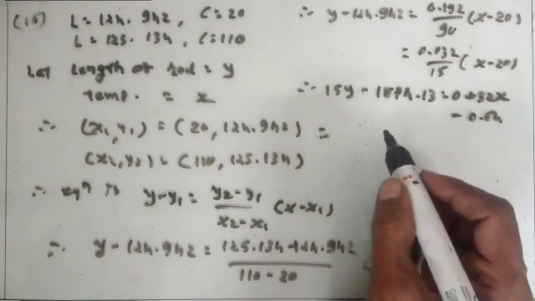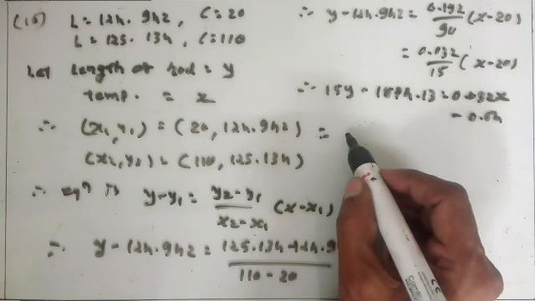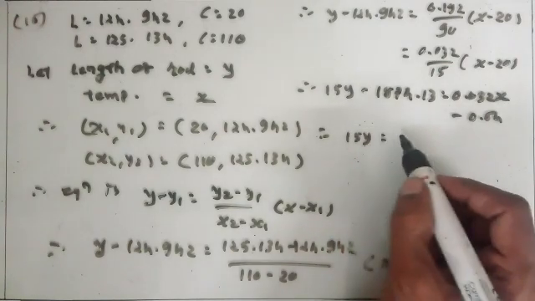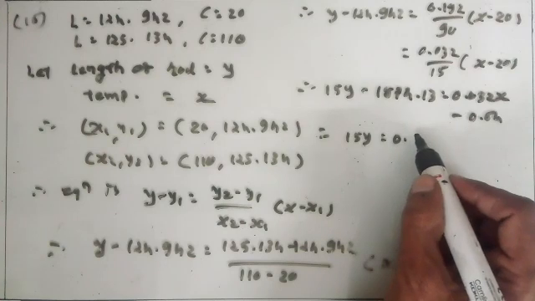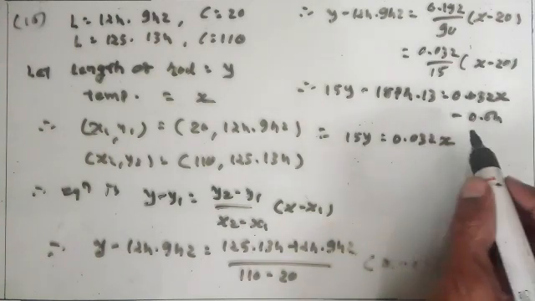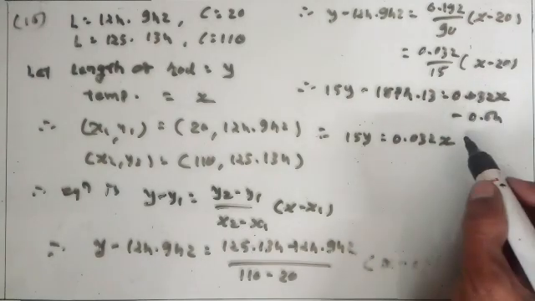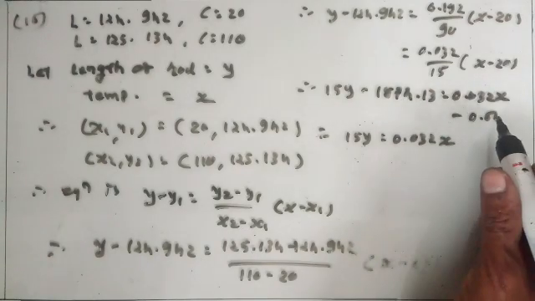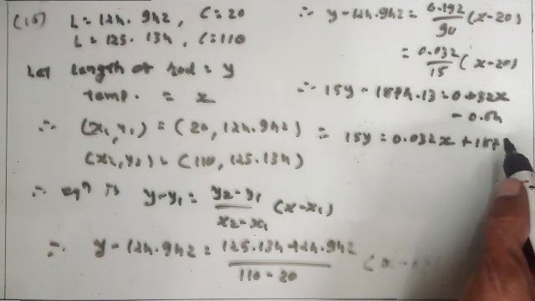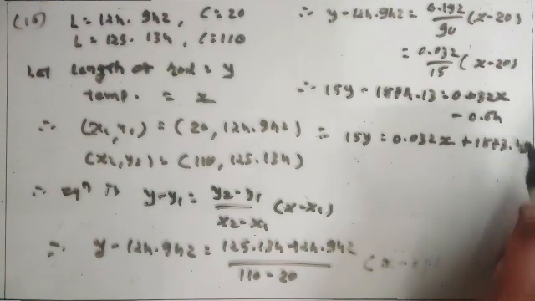Therefore 15y is equal to 0.032x, take this side, so plus, minus this becomes plus 1873.49.